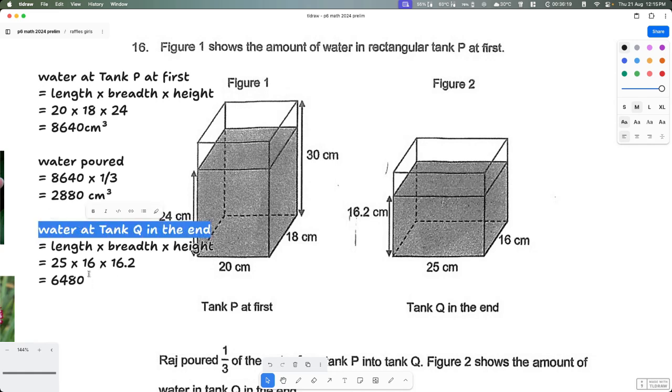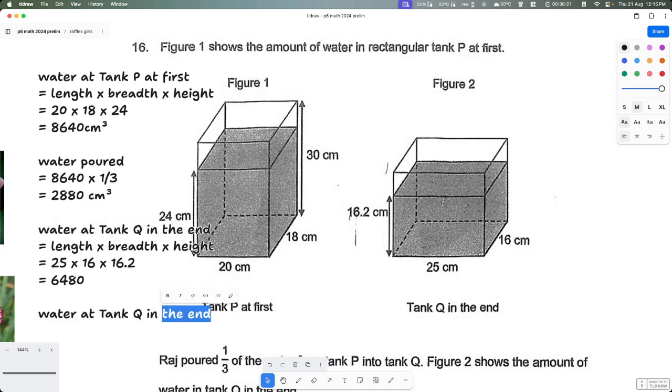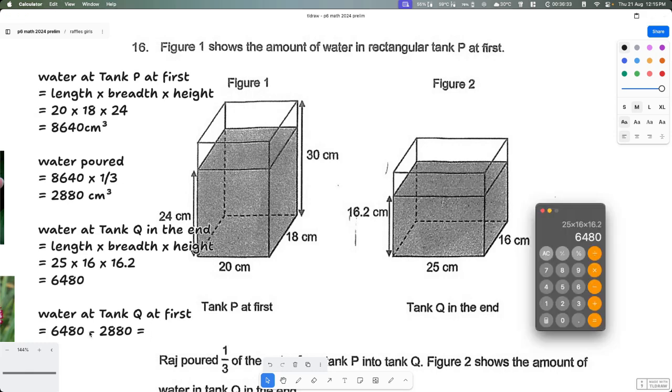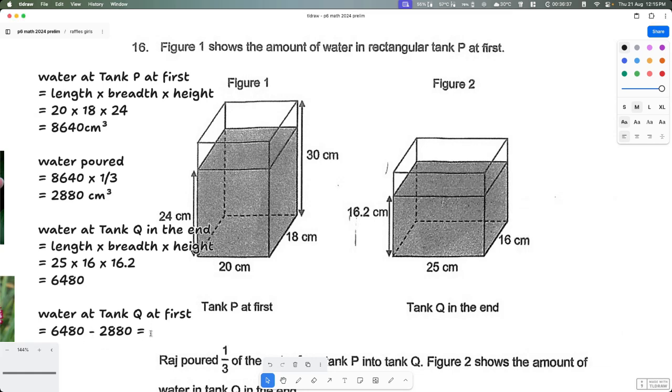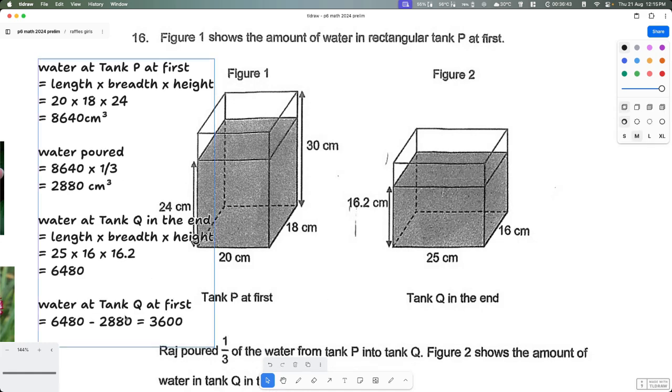So water in tank Q at first is equal to 6,480 minus 2880, which is 3,600.